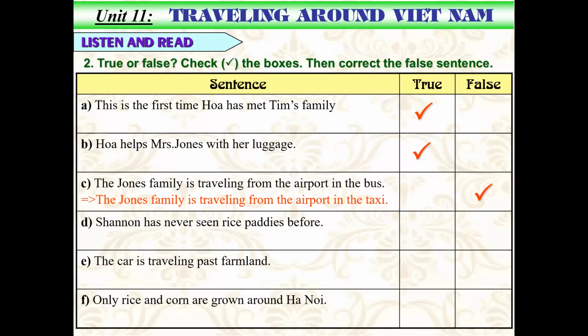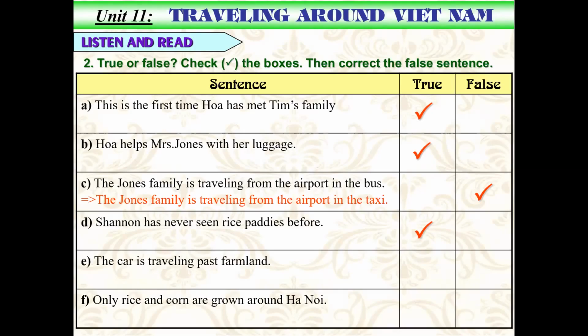What about sentence D? What are the keywords? The keywords are Shannon, never seen rice paddy. And is it true? Because you can find the answer on the 12th line.